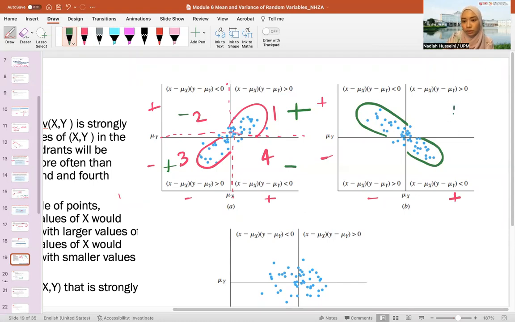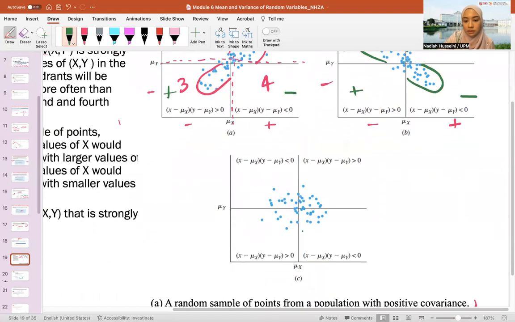Therefore, this is going to be positive, this is positive, this is negative, and this is negative. So if my data is spread out more in the second and the fourth, I can already say, oh, my covariance is going to be negative. Or if they give you a negative covariance, you already know that your data is going to be spread out more in the second and fourth, and vice versa.